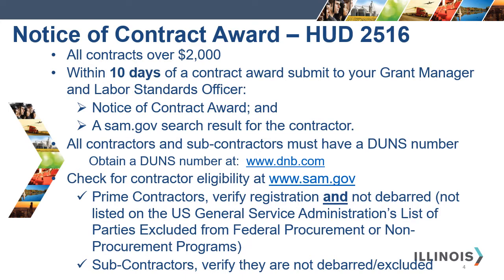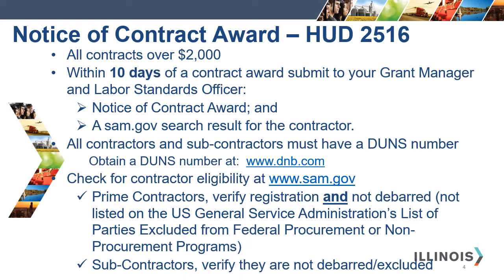Before the contract is awarded, it's a good idea to verify that the contractor is registered and not barred, which means that the prime contractor is not listed on the U.S. General Service Administration's list of parties excluded from federal procurement or non-procurement programs at the System for Award Management, SAM's website. You can check the contractor's eligibility by visiting sam.gov and using the contractor's DUNS number. Once you have found the contractor's registration, print the screen showing their eligibility.